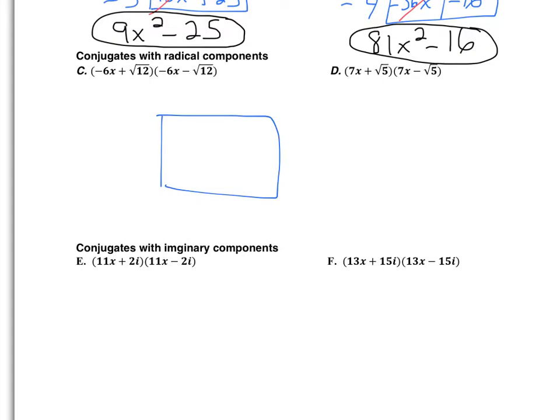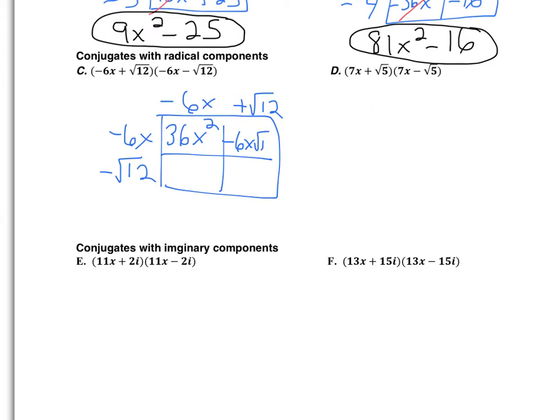So we start off with our box. Negative 6x plus root 12, negative 6x minus root 12. Negative times a negative is a positive, so we get 36x squared. Negative 6x root 12, and then a negative 6 and a negative root 12 is a positive 6x root 12.